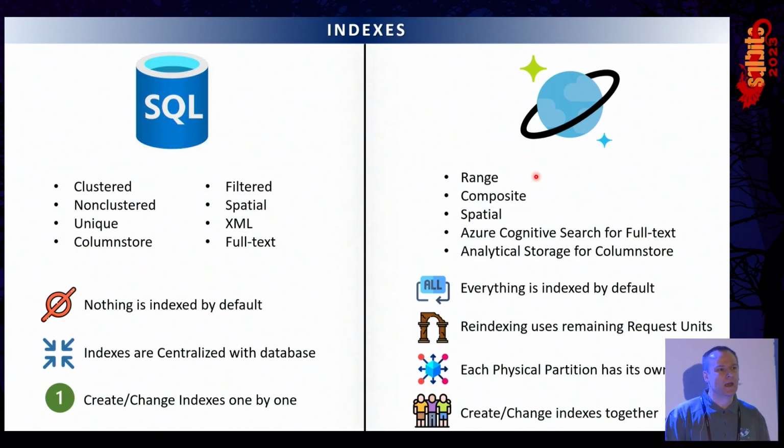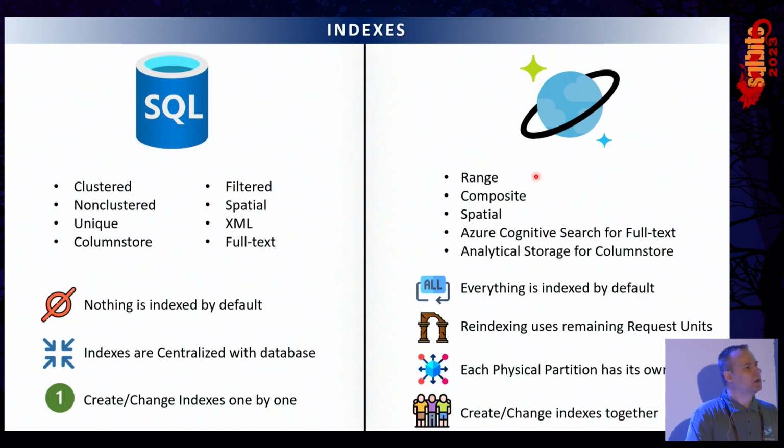So, as a DBA or developer, it is your job to create whatever indexes you need, one by one, on the table. Indexes are centralized just like your data, and they are in the same place where the data is. If you need to change or create any of those indexes, you usually do it one by one. You don't want to try to create them at the same time in SQL Server.